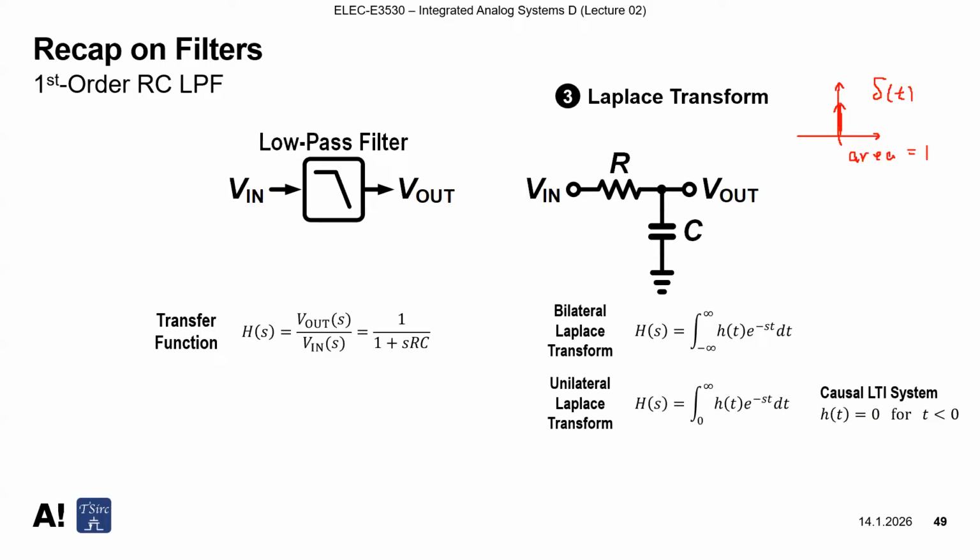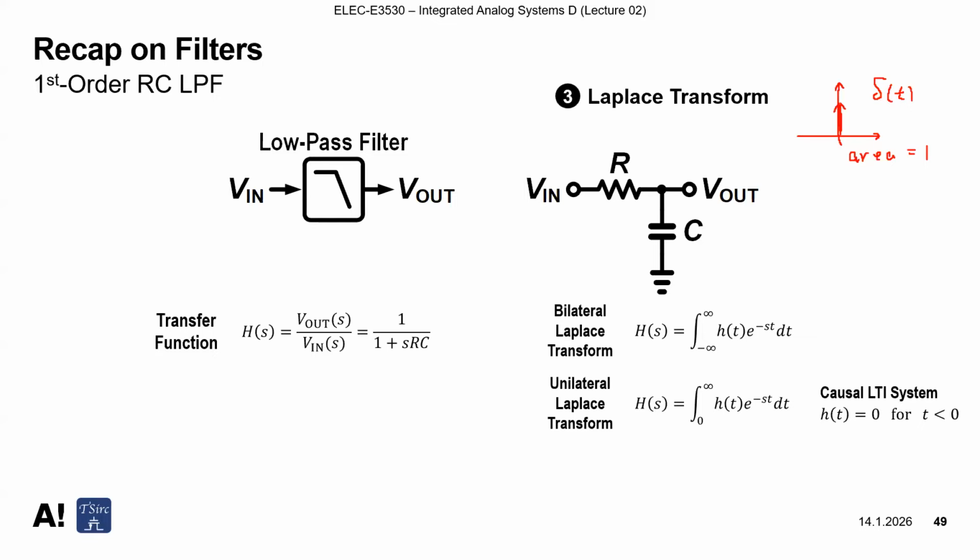When we think about this Laplace transform in the unilateral domain, unilateral means that we are taking the integral over just 0 to positive infinity. This happens because the physical systems in our circuit analysis world are causal, so causal LTI systems. For a causal LTI system, its impulse response h(t) is always 0 for negative time.